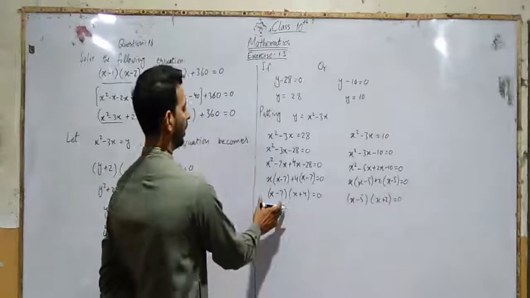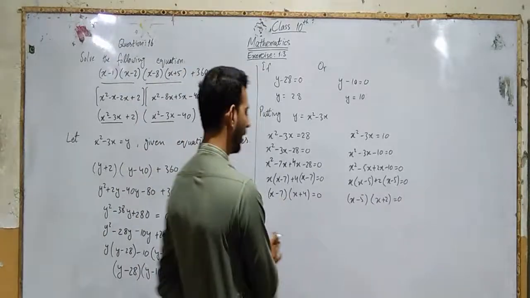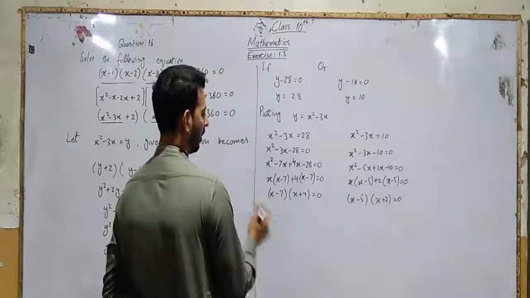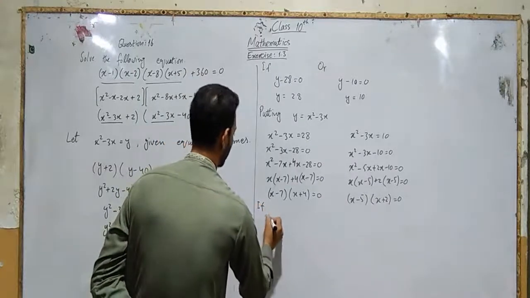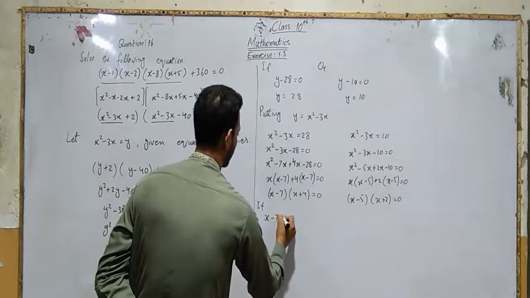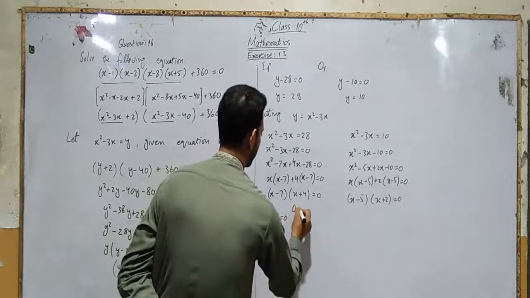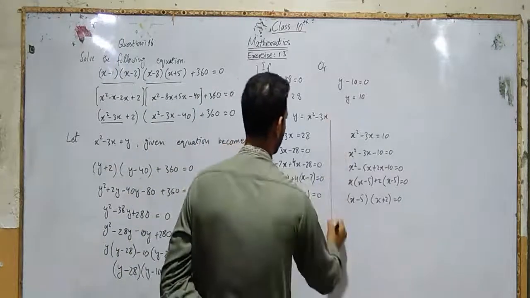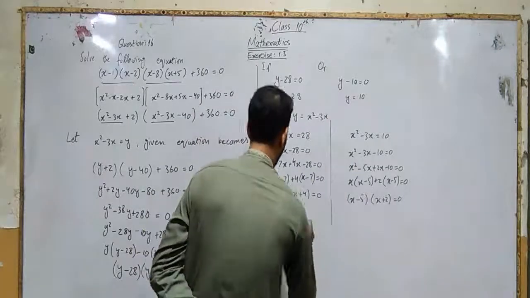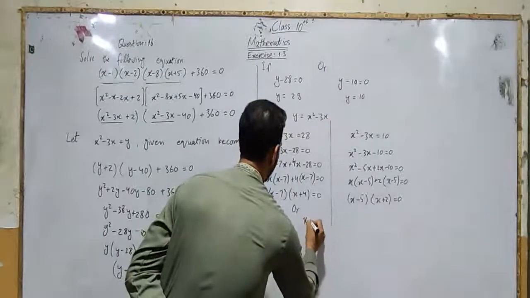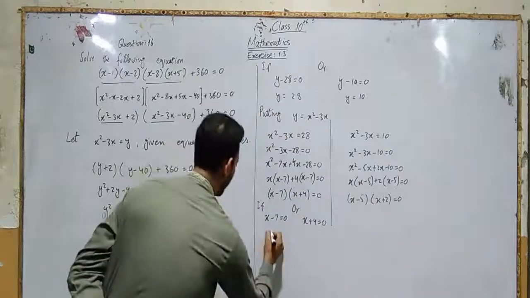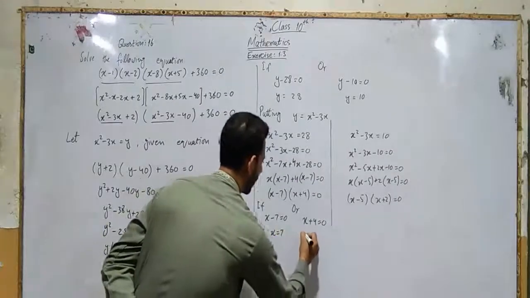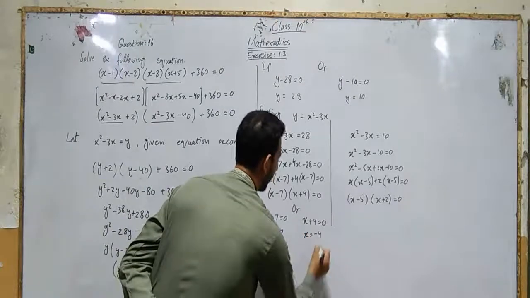Now we will get the value of x by solving it one by one. If x minus 7 equals to 0 or x plus 4 equals to 0, then we have x equals to 7 and x equals to minus 4. These are two values of x.